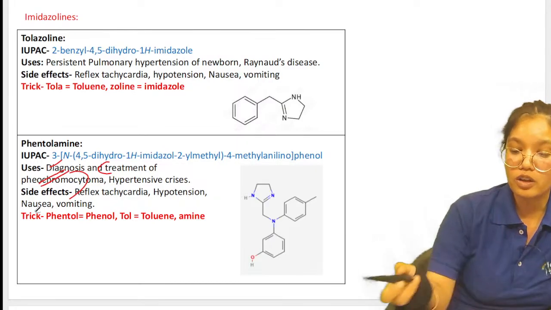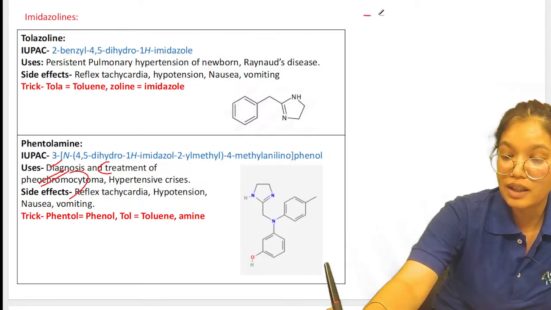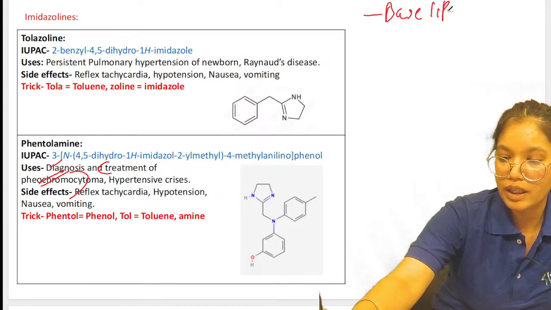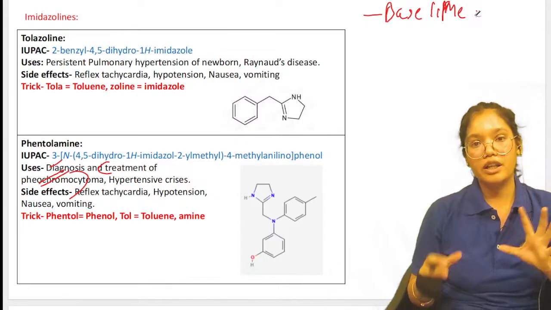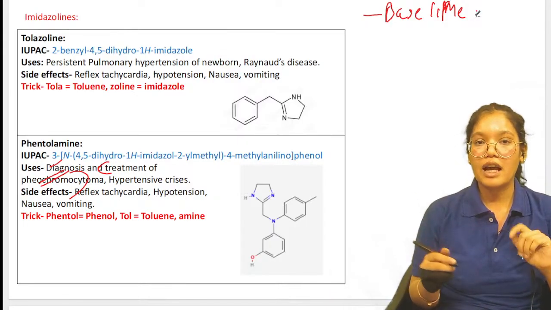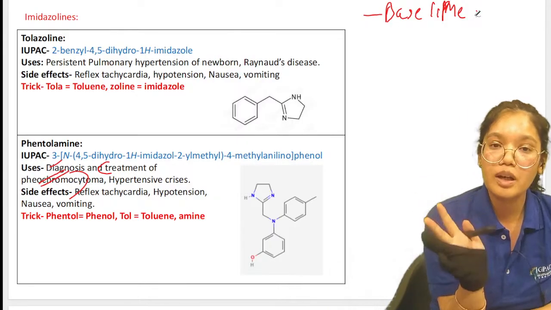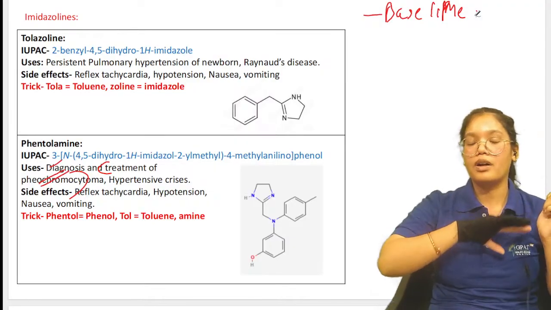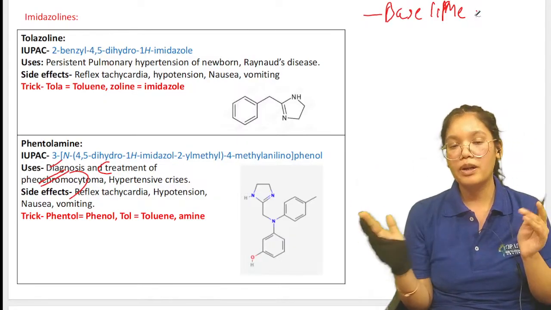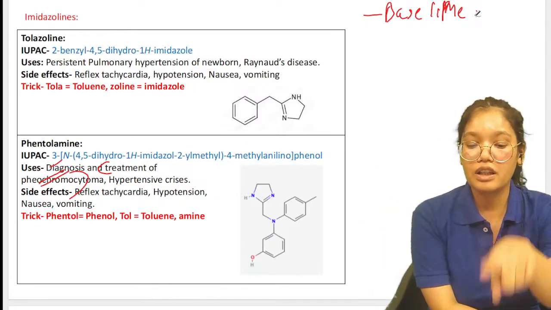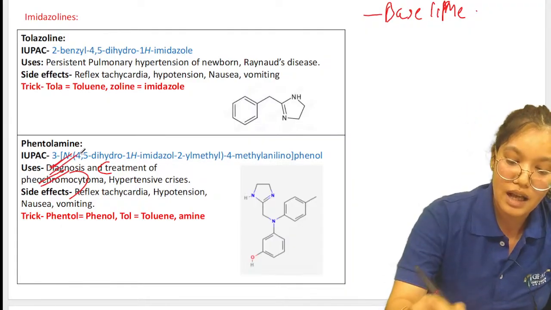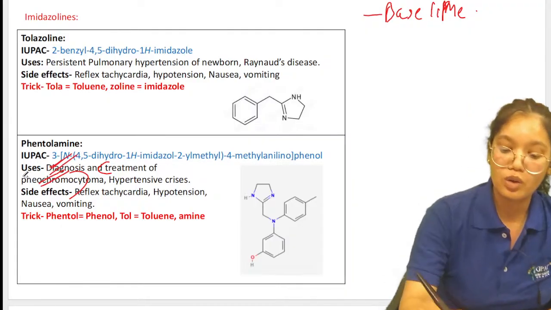Now how diagnosis? Now they basically check the baseline BP of the individual, and after that phentolamine is given through IV. So if there is a large drop in the BP after the giving of this phentolamine, that proves that the individual has pheochromocytoma.